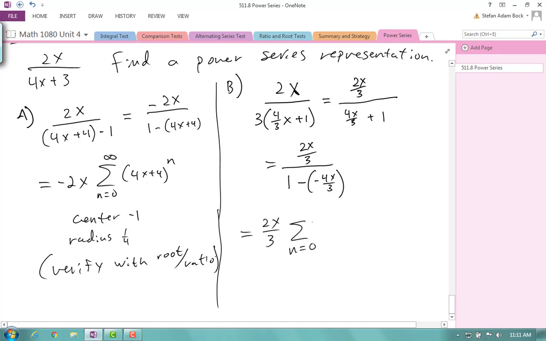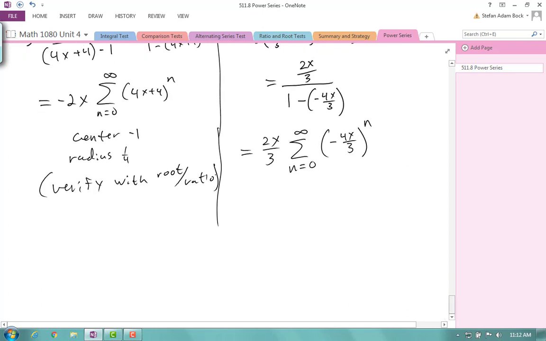I'd have a sum from n equals 0 to infinity, and I would have negative 4x over 3, that's my r, raised to the n. Now this one has a center of 0, versus that other one had a center of negative 1. And this one is going to have a radius of convergence of 3 over 4. Which is technically 3 times as big as the radius I had over there.